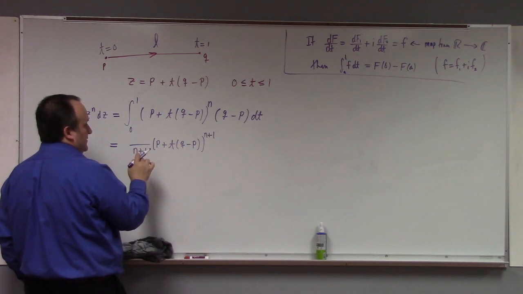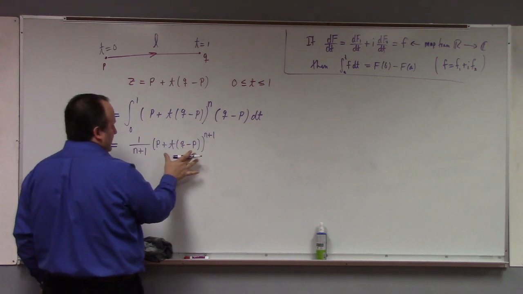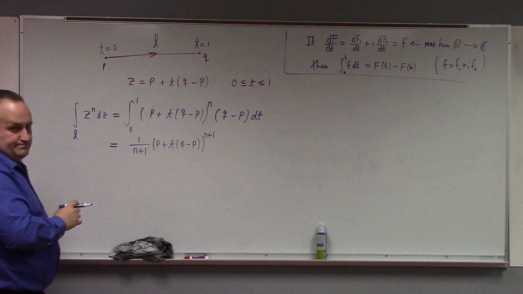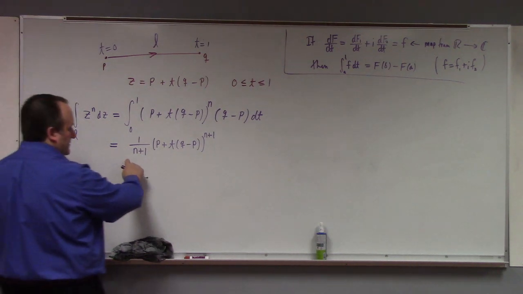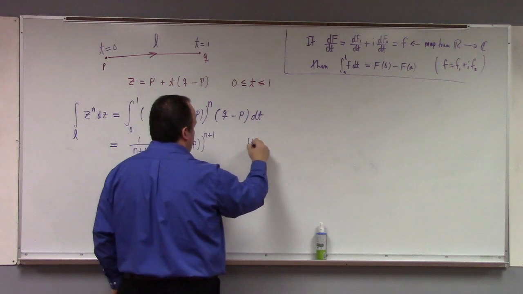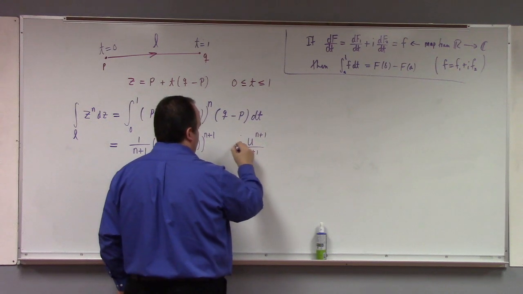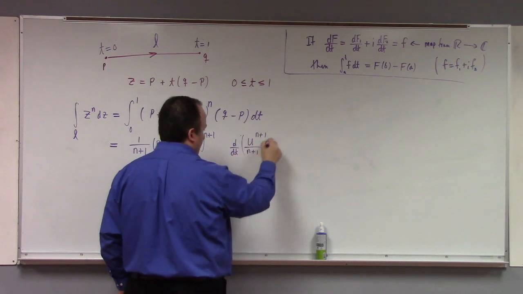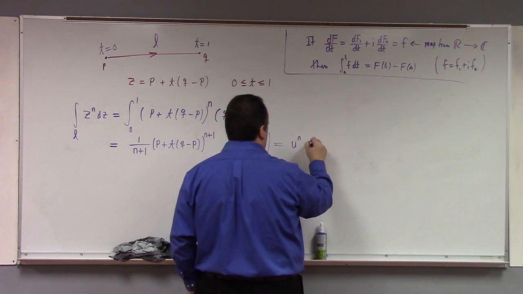And this is still riding along, I suppose. Well, do I just need this? Well, you guys tell me. If you differentiate this, do I get back to the integrand? That's really my question. Don't you need to divide by 2 times P as well? Do I, though? Because if I differentiate this, this is the form u to the n plus 1 divided by n plus 1, right? And if I differentiate that with respect to time, I get u to the n times du/dt.